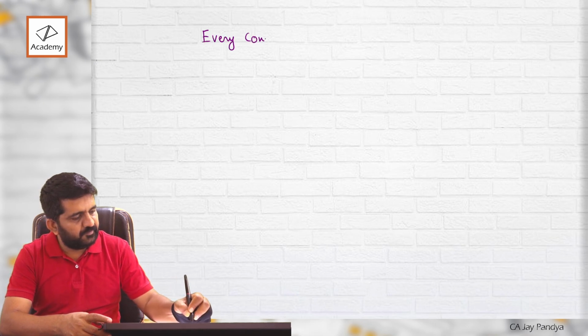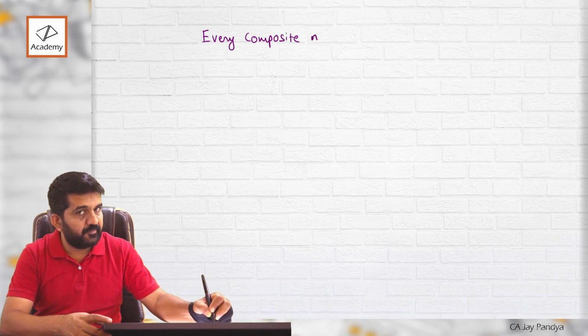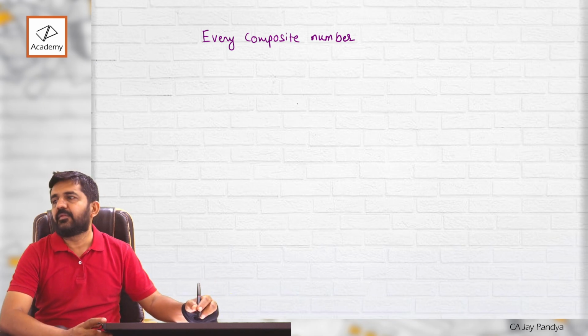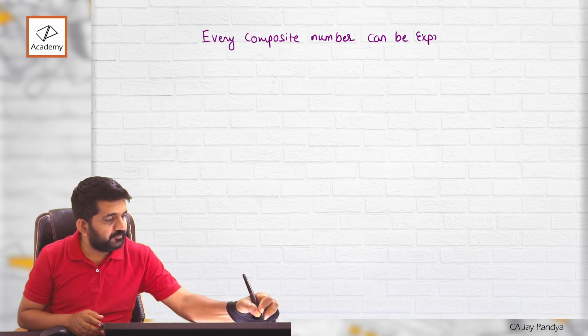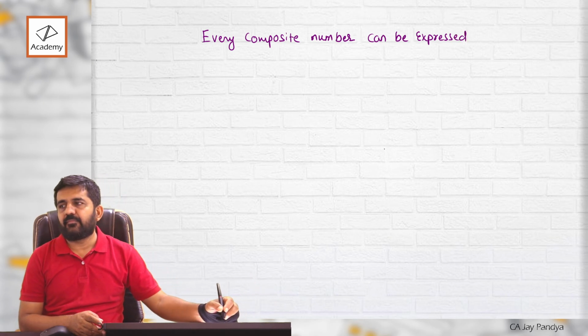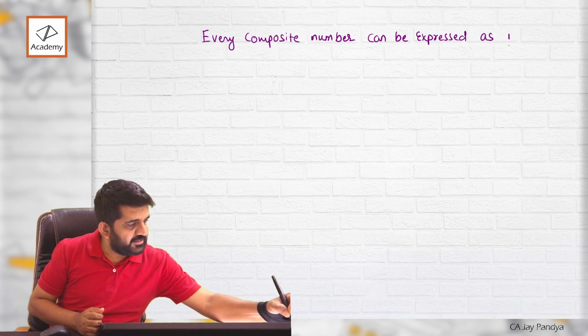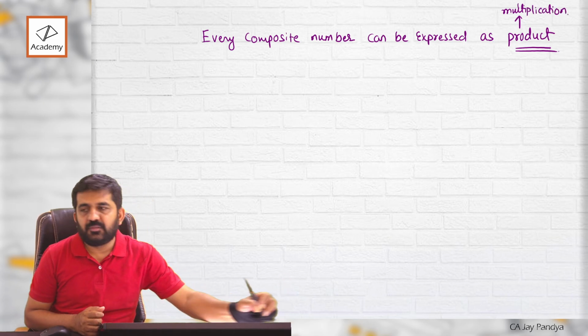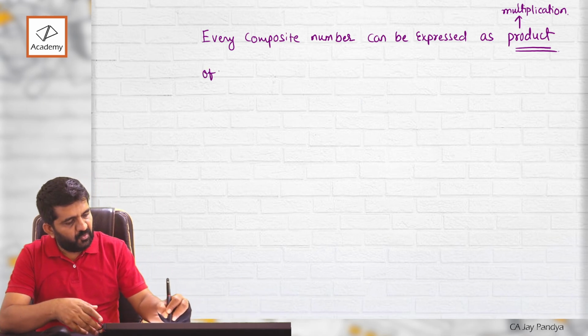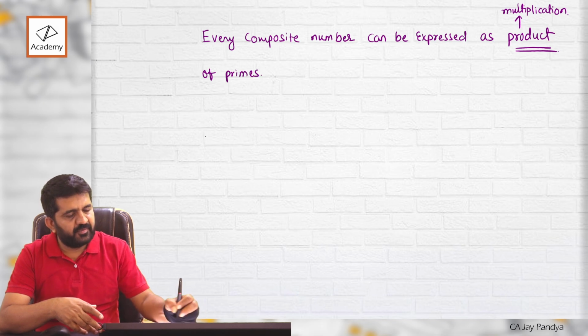Every composite number can be expressed as a product of primes. Product, what is product? Multiplication, right?